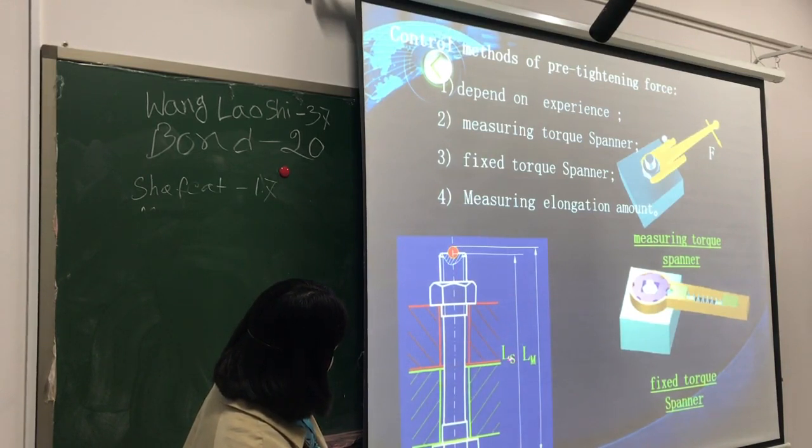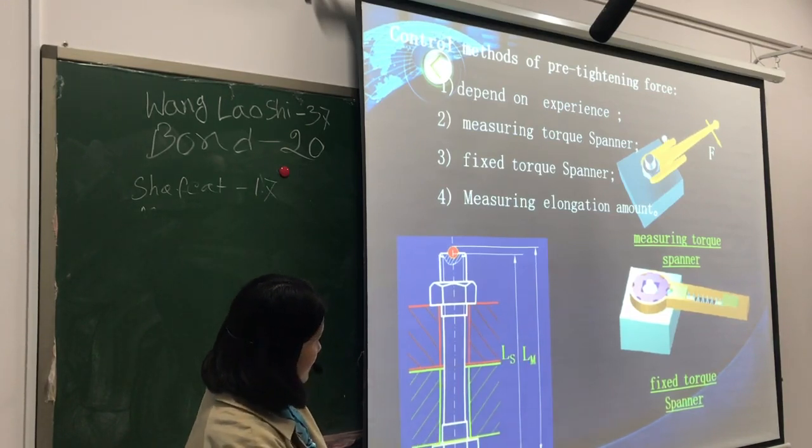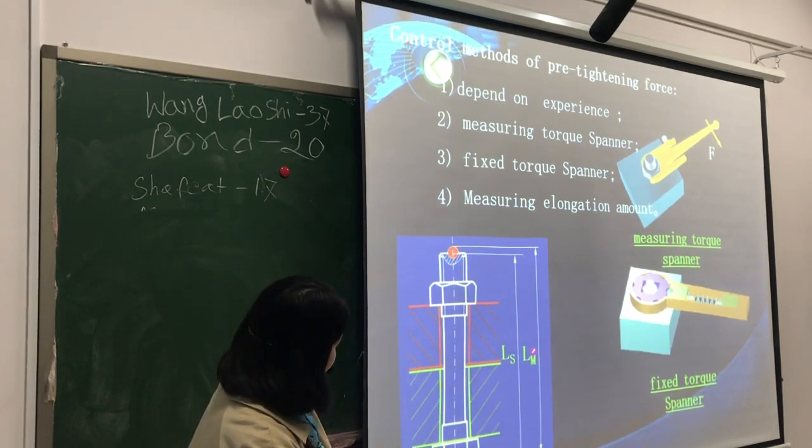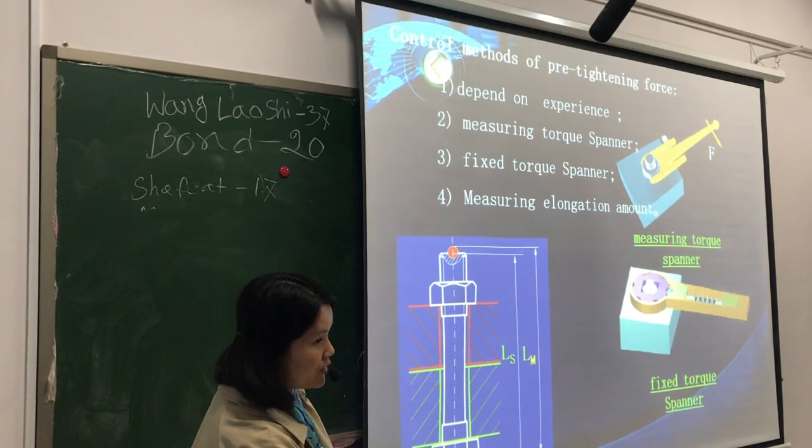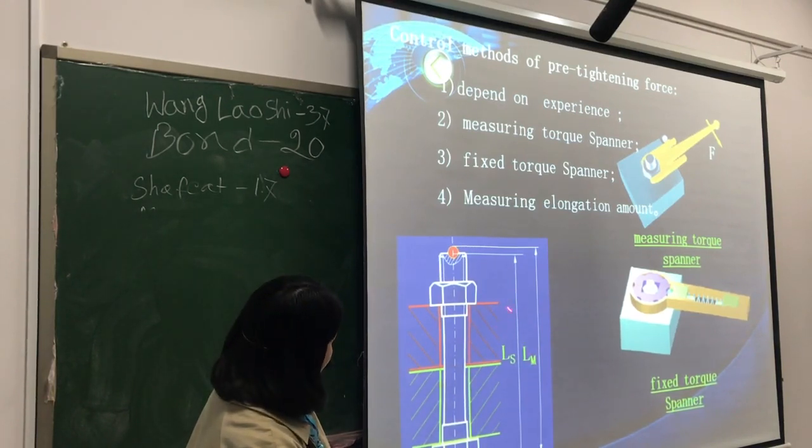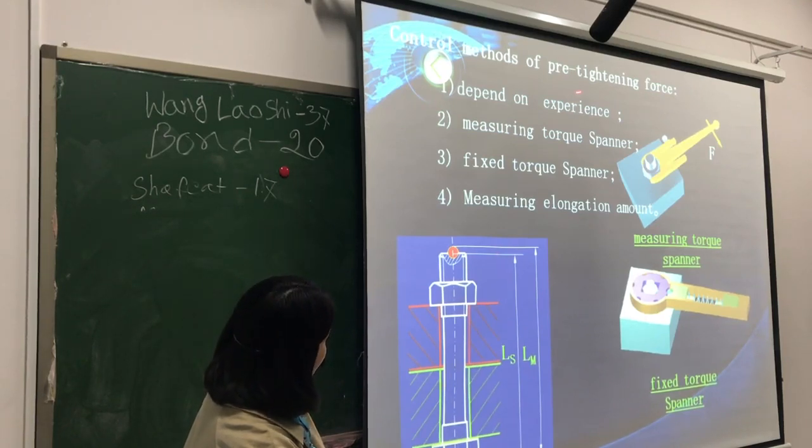This is the initial length, and this is the length when tightened with a preload. So the bolt stretches, and we can calculate the tightening force.